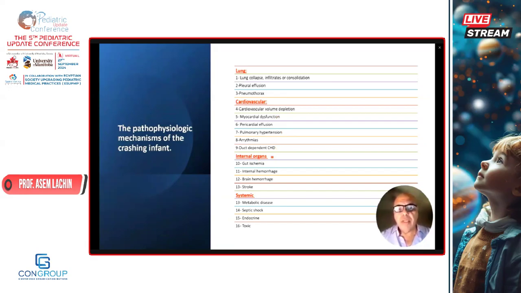Other internal organs: gut ischemia, internal hemorrhage, brain hemorrhage, or neonatal stroke. And finally, other systemic reasons, including metabolic diseases, septic shock, endocrine causes, and toxicity and drug-related causes. These are, in brief, the most common 16 causes and pathophysiologic mechanisms of any crashing infant.